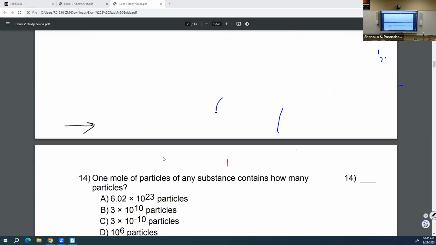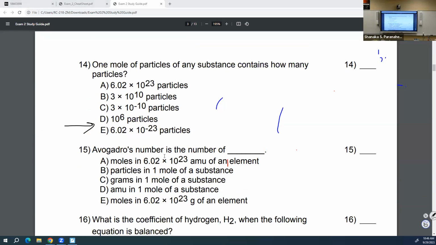Next. 1 mole of particles of any substance contains how many particles? So that is the definition of 1 mole. Avogadro number. 1 mole of particles of any substance contains the Avogadro number. 10 to the power positive, so pay attention to the value. It's a positive exponent.